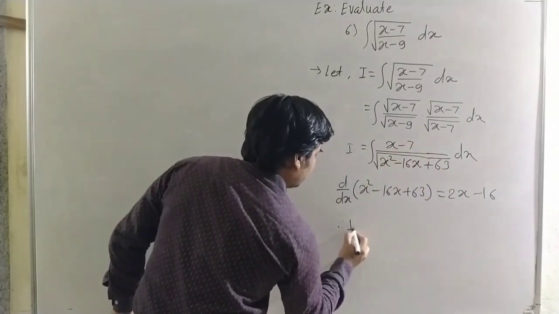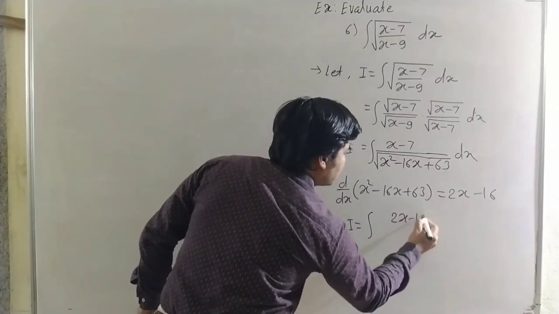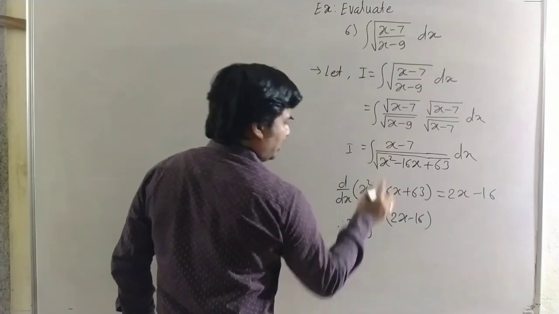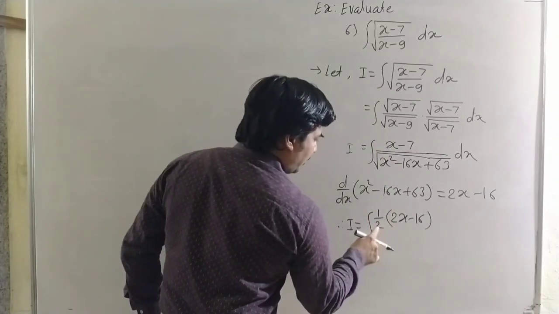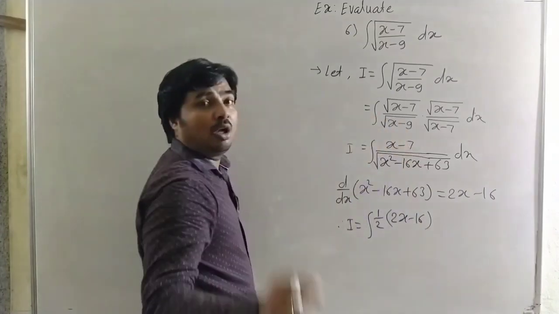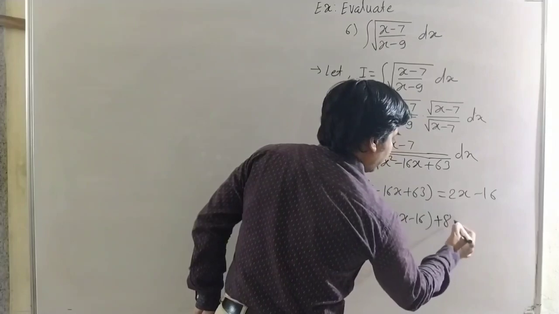So the integral is equal to 2x minus 16, but it is only x, so we multiply by 1 by 2. When we multiply by 1 by 2, it is x, but it is minus 8, and we want minus 7. So we write plus 8 and minus 7.